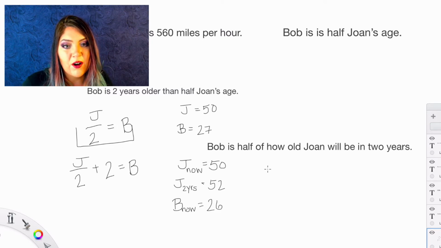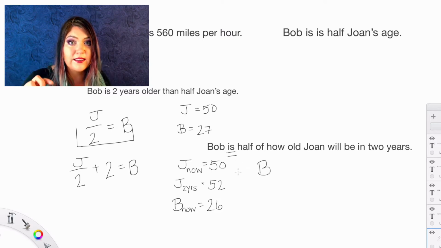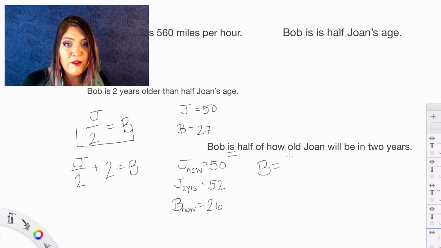All right, so if this makes sense to you right now, let's go into the next step where we use the letters. So Bob is, the word is translates to equals. Whenever I say is, I write equals. Bob is half of however old Joan will be in 2 years.